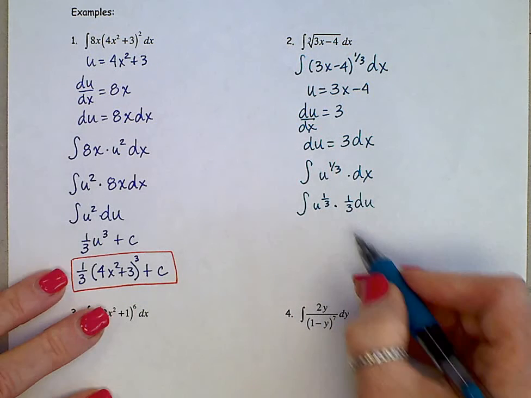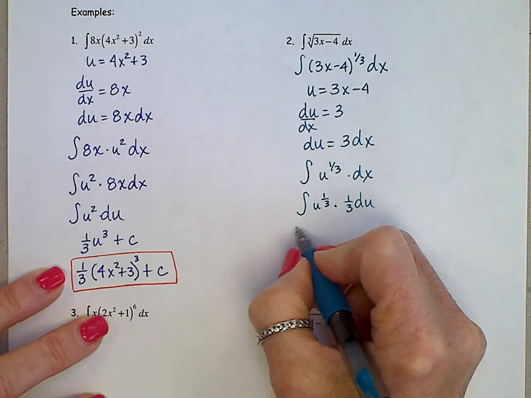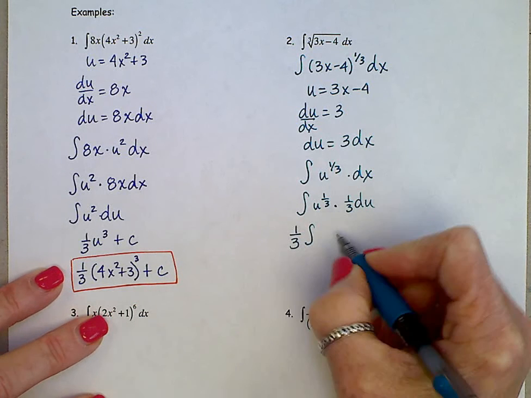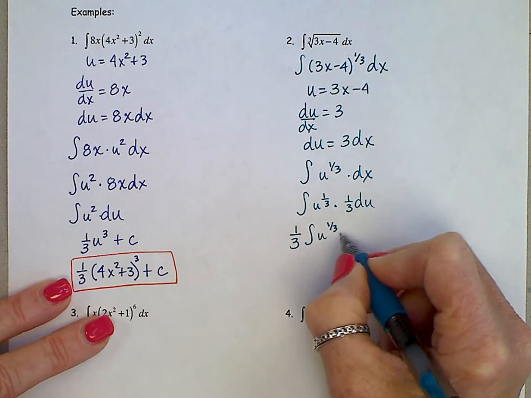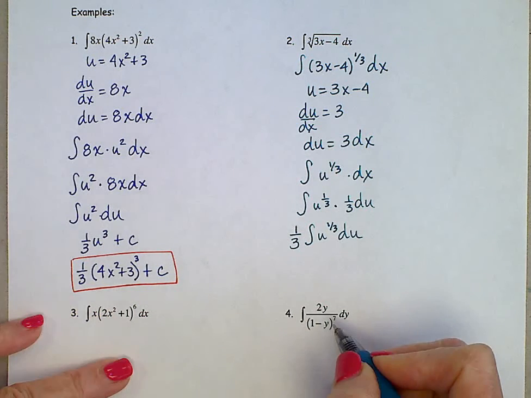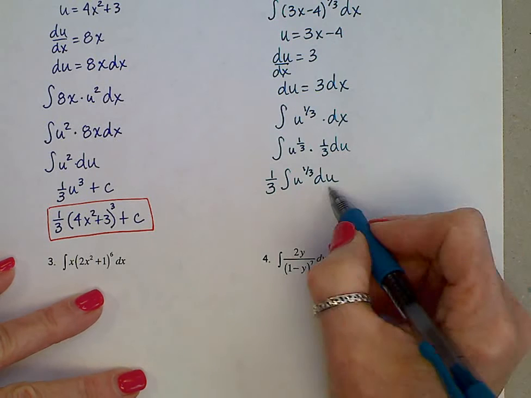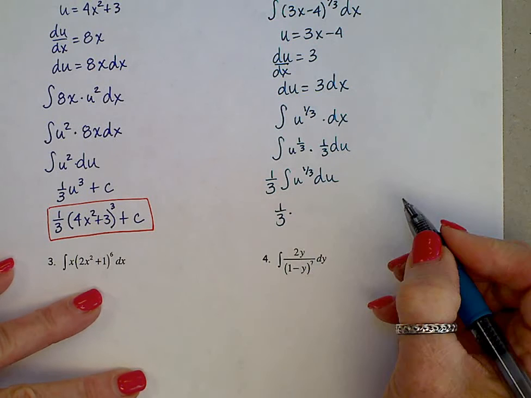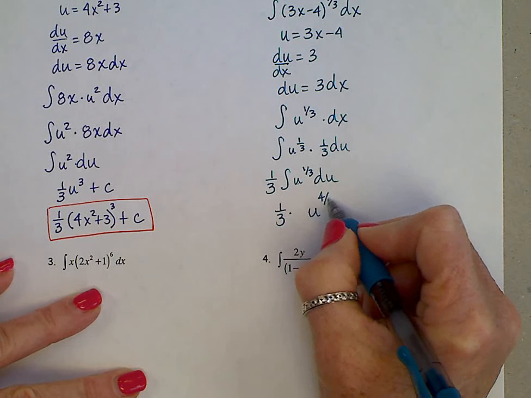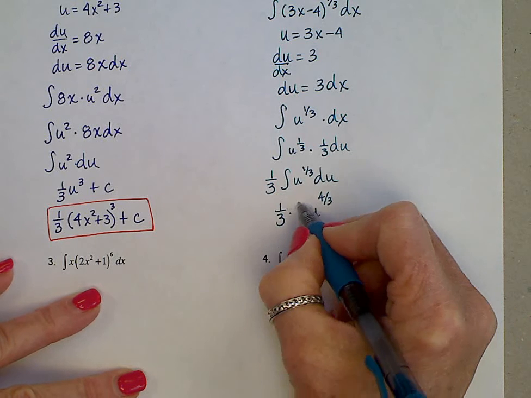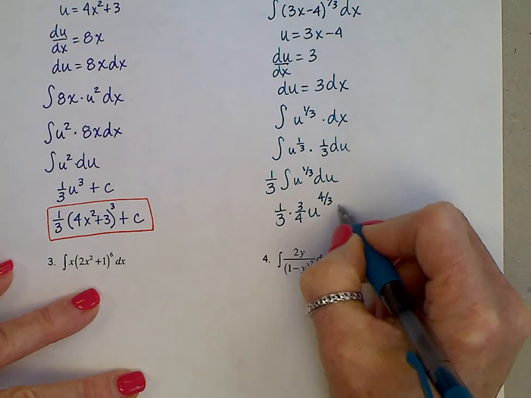Pull that constant multiple out front. 1/3 times the antiderivative of u to the 1/3 du. Now do that antiderivative, and this would be add 1 to the exponent, so 4/3, divide by the new exponent, puts a 3/4 out here, plus a c.